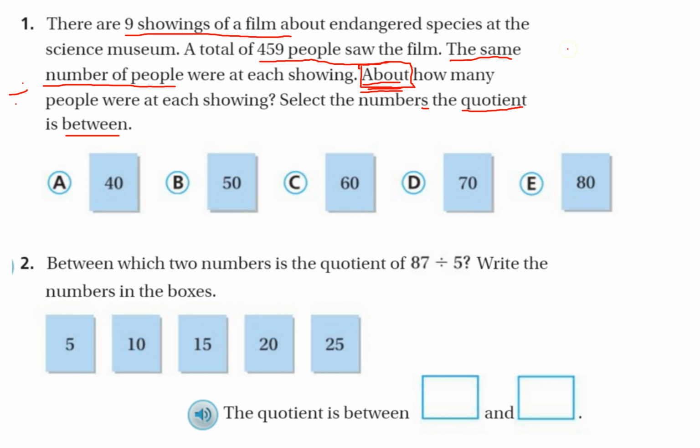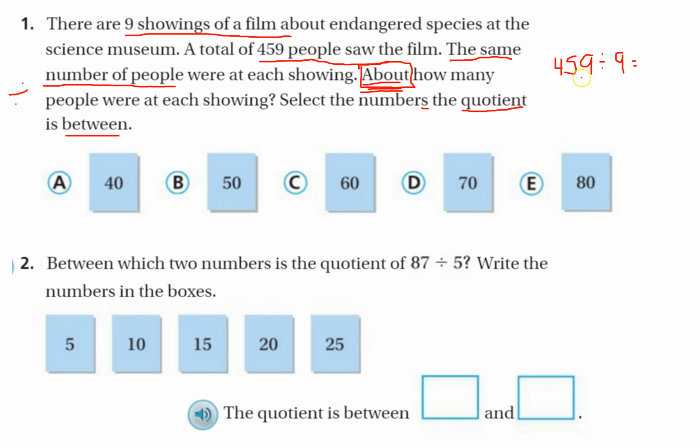Well, guys, there's many different ways to solve this problem, okay? So the problem that we're given is 459, that's the total, divided amongst the 9 different showings, okay?